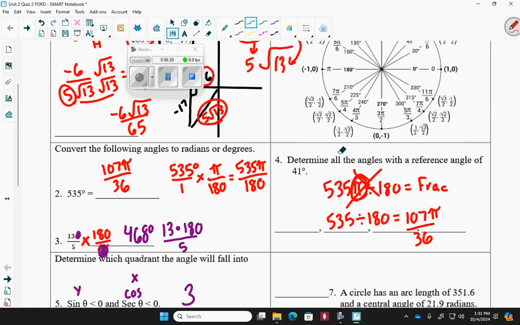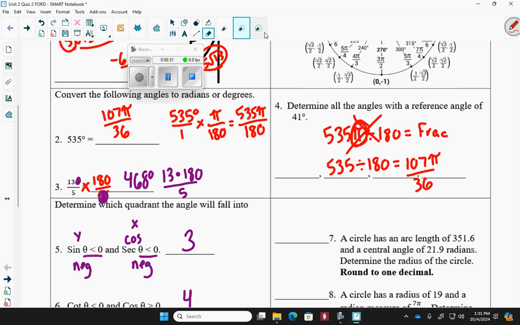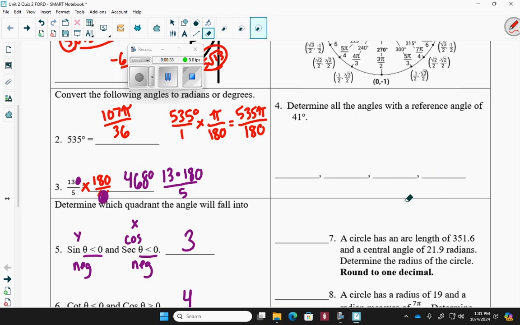All right. So question number 4, this is where we're dealing with reference angles. Remember, reference angle is the distance from 180 and all that. So this is 180. The reference angle represents the distance above and below 180, where that mystery angle would be.